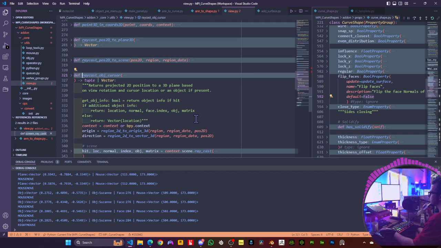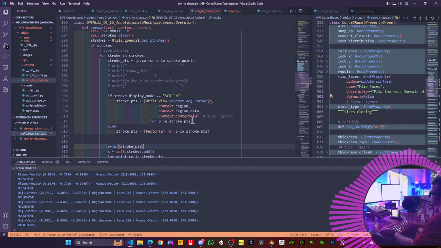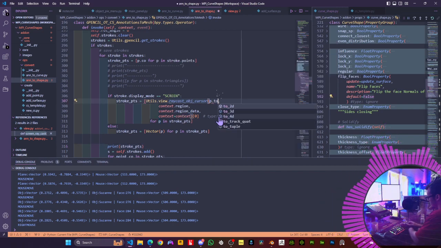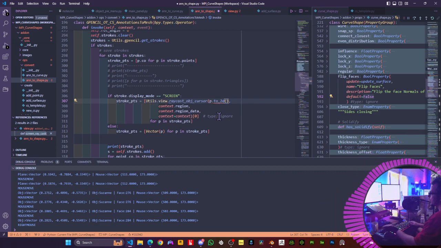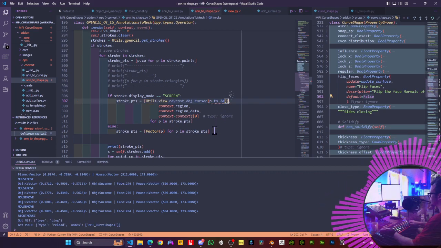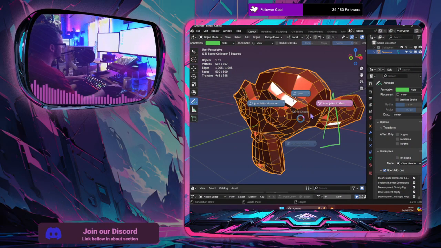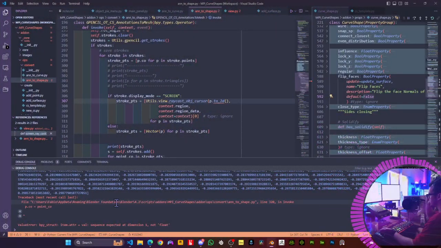It returns the object if it... It should return location, and that's not really a location that I'm looking for. Let's try and give it a 2D vector. It still gives me a freaking float, man.